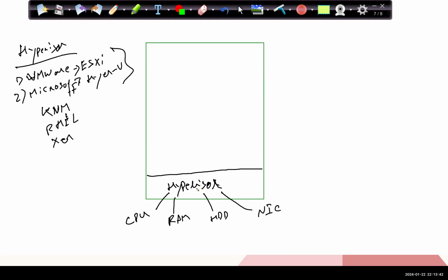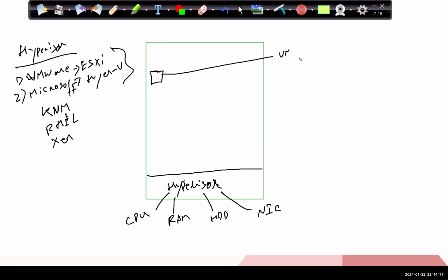The beauty of this hypervisor is that it is not like your kernel; it can handle multiple requests. It still talks to the hardware only once, but the way it works is different.